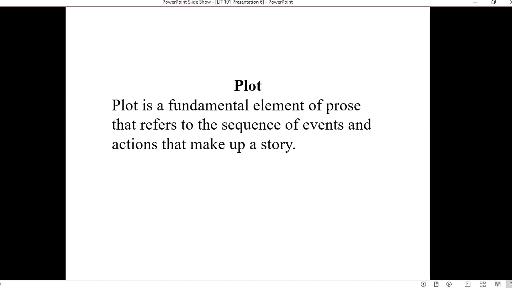When you pick up a book, a narrative work, you see that there are several events in that story. These events are not just haphazardly arranged. They are arranged sequentially in a way that ideas from one event will flow to another.